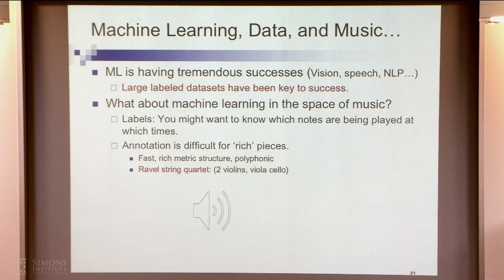Okay, this could be very helpful because if we had this, we could try to take a piece and train an algorithm to recognize which notes are being played when and which instruments. And it's difficult to get labels like this because you can ask a human to label a piece, but then I can give you a piece like this Ravel string quartet.